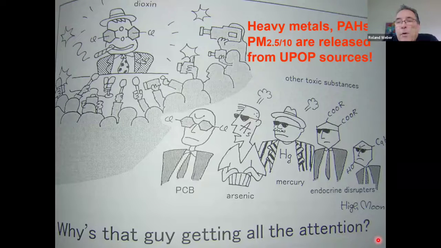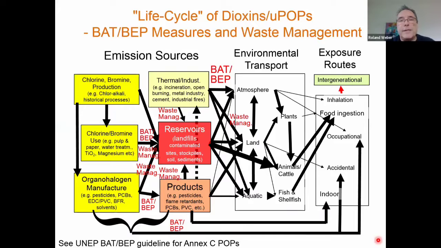When you have a power plant or waste incinerator, you also have emission of heavy metals, particulate matter, and polyaromatic hydrocarbons. So my recommendation is, when you look at emissions, combine them. For example, you might also have ratified the Minamata Convention on mercury, and normally those dioxin sources at the same time also emit mercury and are in the mercury toolkit. So you might combine these kinds of inventory activities.